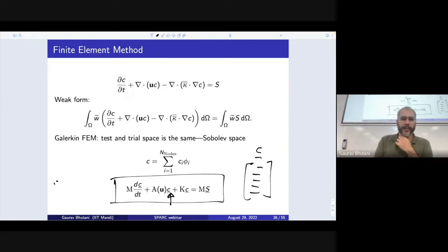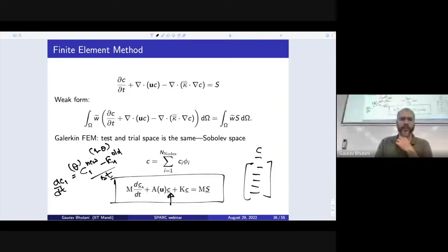We write d by dt of c, let's say one of those, c1, as c1 new minus c1 old upon delta t. That's a forward time difference. We can do a backward difference. We can also do a theta amount of this and a 1 minus theta amount of this. That gives us a Crank-Nicolson scheme if theta is half. So there are multiple schemes possible.